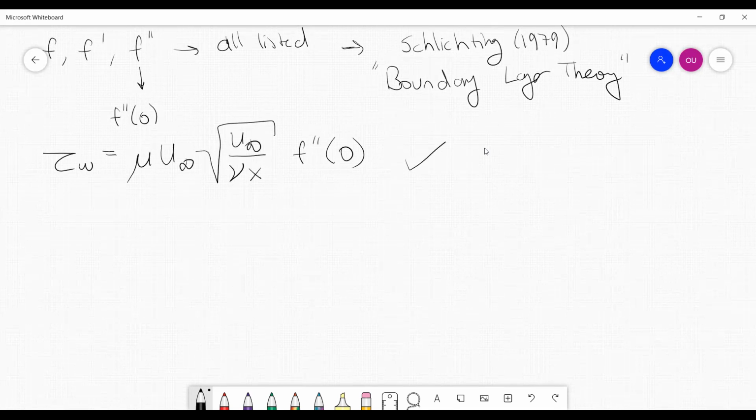So you need to know the dynamic viscosity, the kinematic viscosity, free stream velocity, and the 1 over square root of x dependence. You can see that, and whatever numerical value you get, you multiply it with all that.